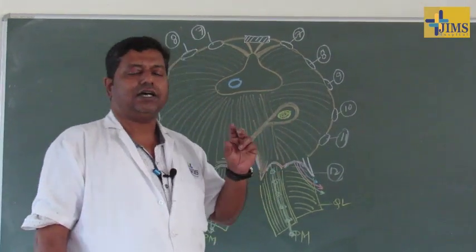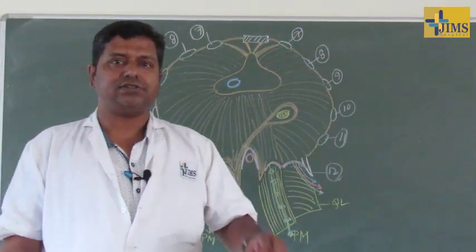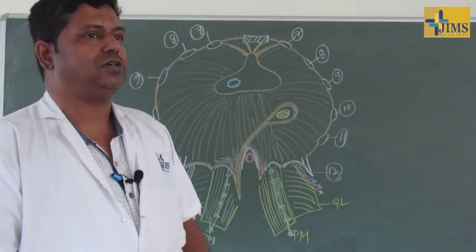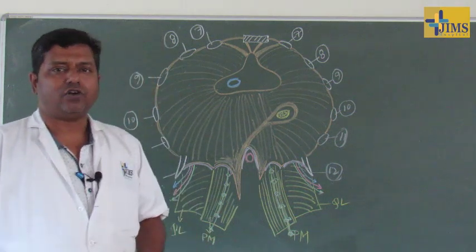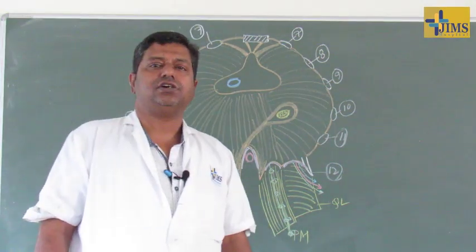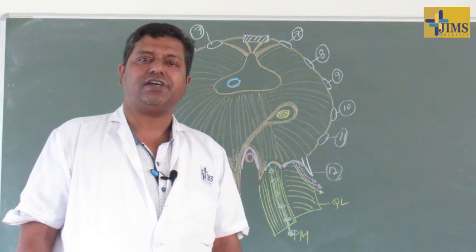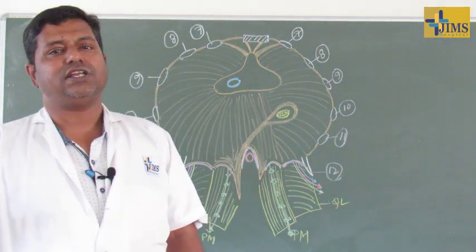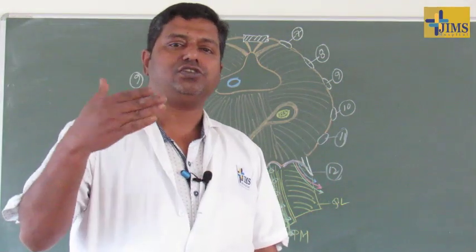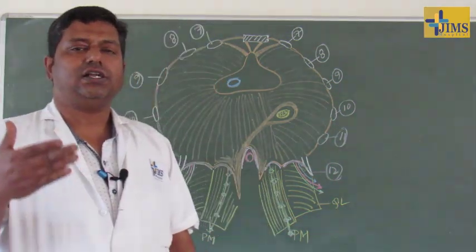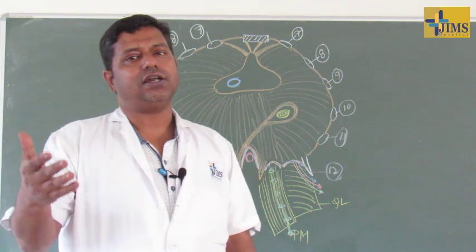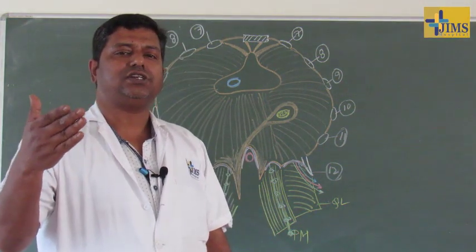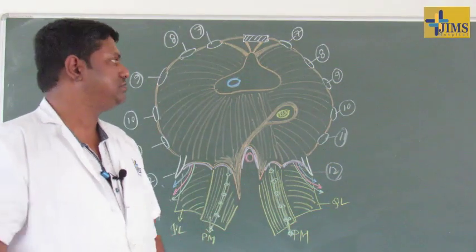So, the structures passing through the esophageal opening are the esophagus, the anterior and the posterior vagal trunks, and a few lymphatics from the liver. Number 4, esophageal branches of the left gastric artery along with the corresponding tributaries of the left gastric vein.